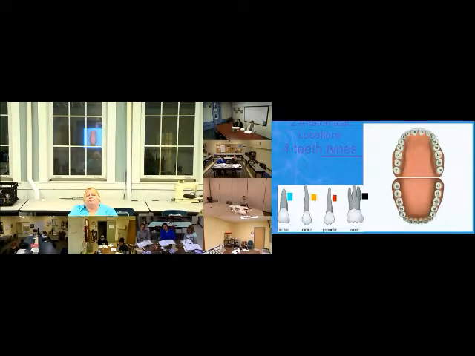So our 4 teeth types again: incisor, canine, premolar, molar. And I've got them bracketed off here for you in 2 different quadrants. So how many molars do we have? In 1 quadrant, we have 3 molars.